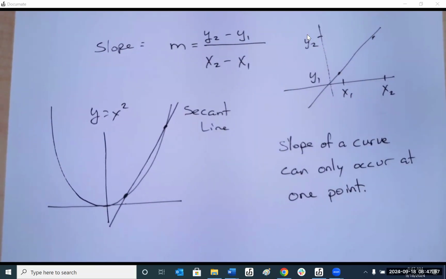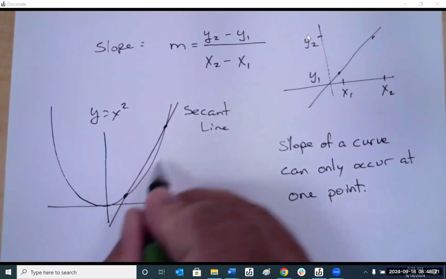Is it the same at every point on the curve? No. Why not? Well, it's because the curve moves out in two different ways. That means positive on one side, negative on the other. Very good.